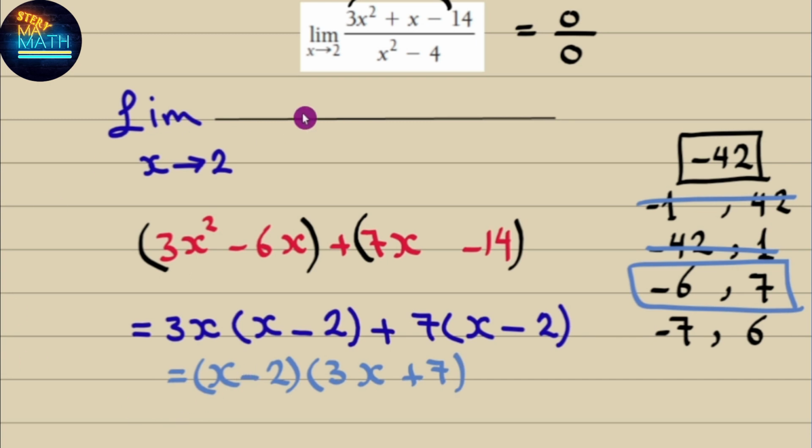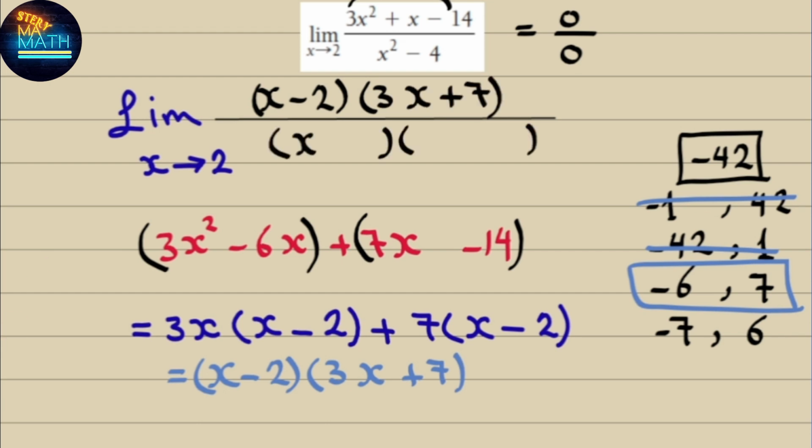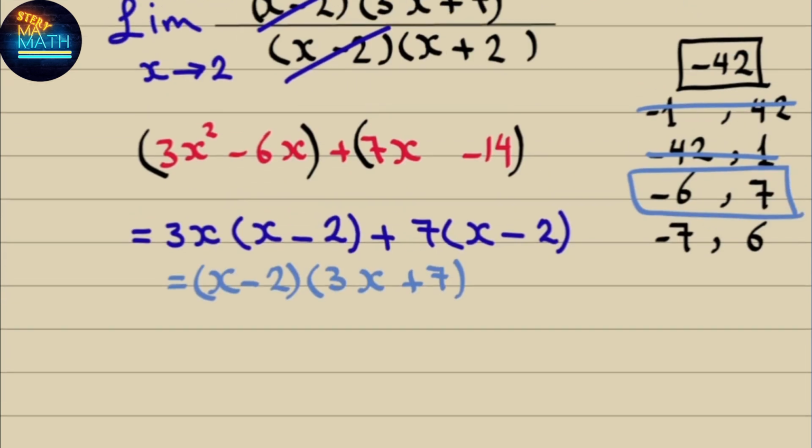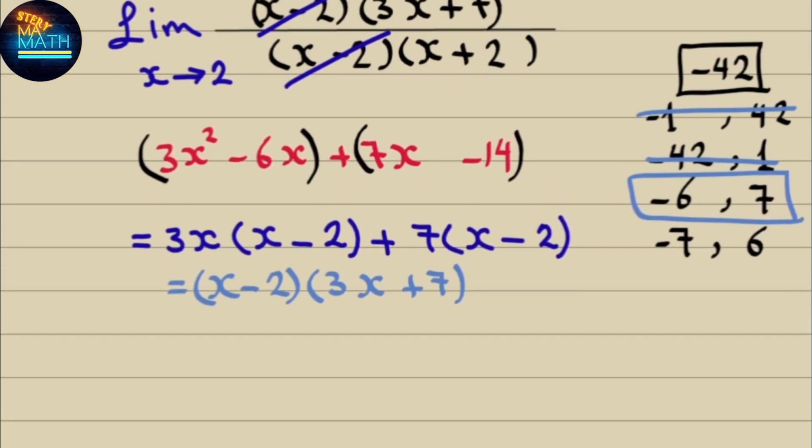So back to the question, you will put it in the numerator, x minus 2 times 3x plus 7, and in the denominator, x minus 2 times x plus 2. X minus 2 and x minus 2 cancel each other out, so you have leftover 3x plus 7 divided by x plus 2, and now you can substitute x with 2.